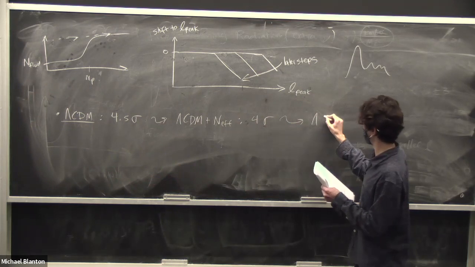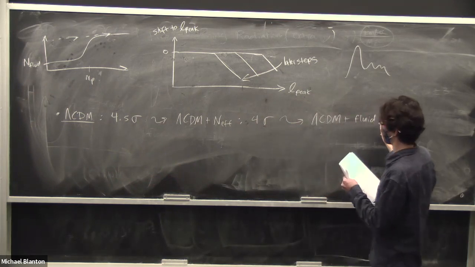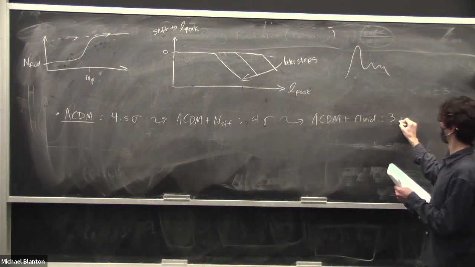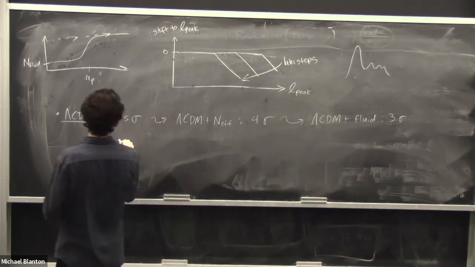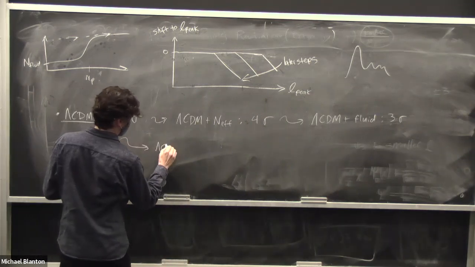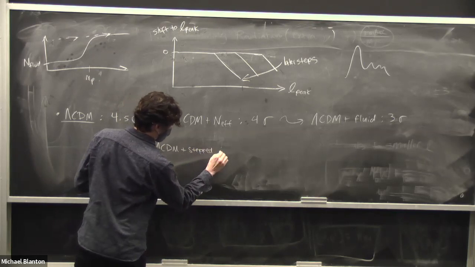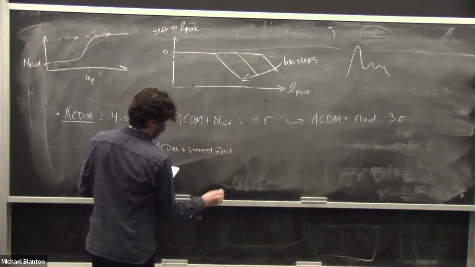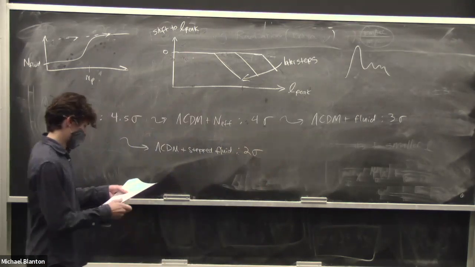If you think of a better model, lambda CDM plus a normal fluid, this reduces the tension to around 3 sigma. Then if you finally do the thing that we did, lambda CDM plus this step fluid, this brings it down to around 2 sigma.